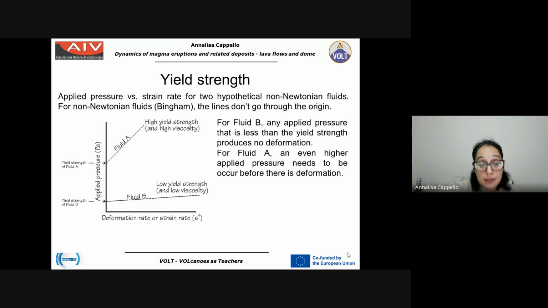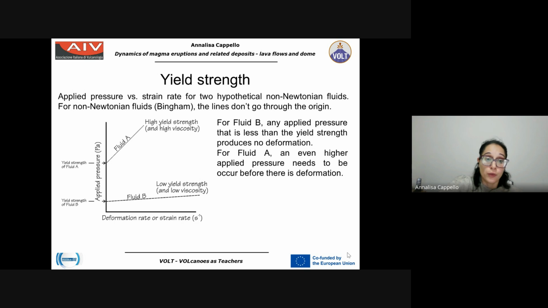So fluid B, for example, has a low yield strength, so it can move with a small pressure with respect to fluid A. For fluid B, an applied pressure that is less than its yield strength doesn't produce a deformation.